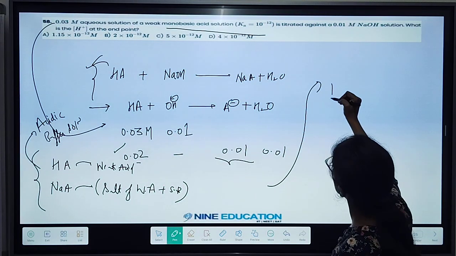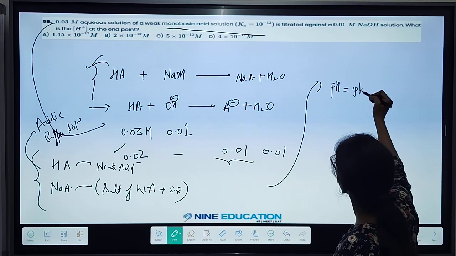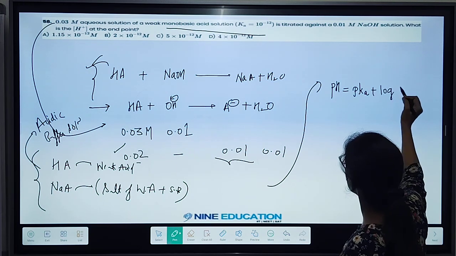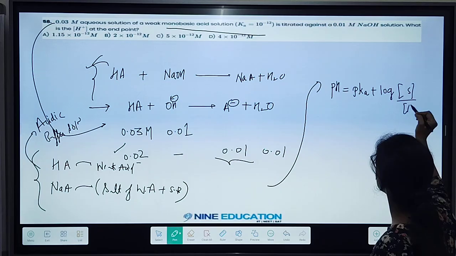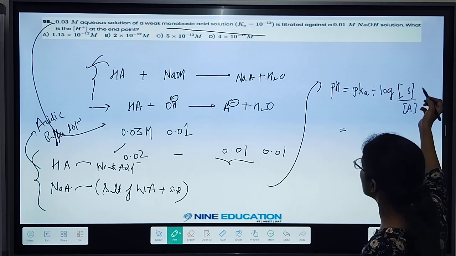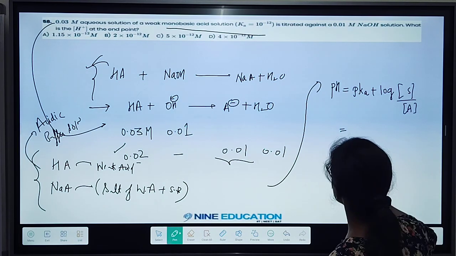And if it is an acidic buffer solution, you are simply supposed to apply the formula. The formula will be pH is equal to pKa plus log of salt concentration divided by acid concentration. Here salt means A minus concentration only, right?